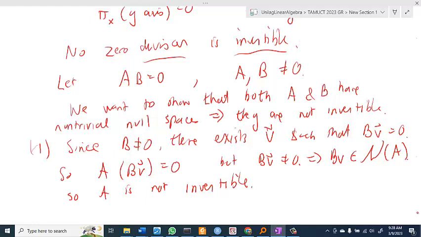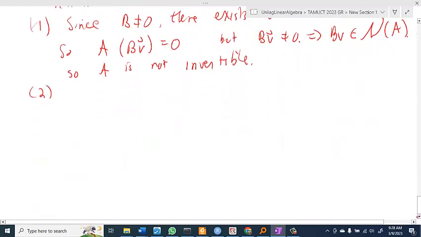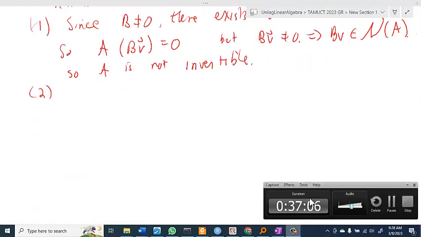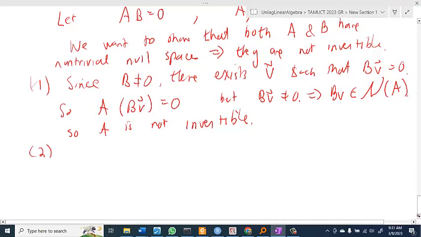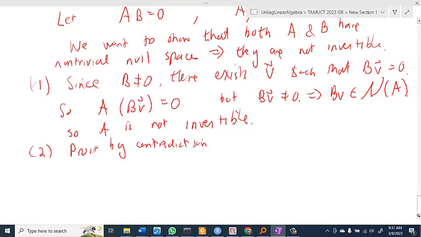Now we need to show that B has a non-trivial null space. This one's a little more tricky, so let me prove it by contradiction. Contradiction means you assume what you want to show is false and show that this leads to a false conclusion. So assume that A is invertible.